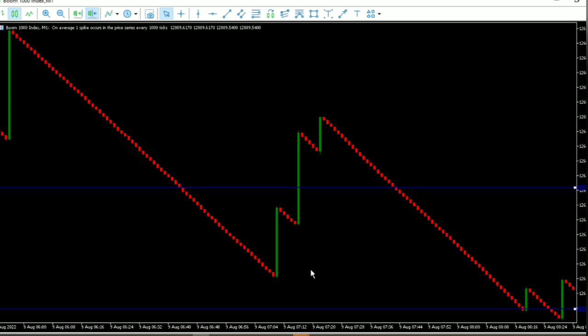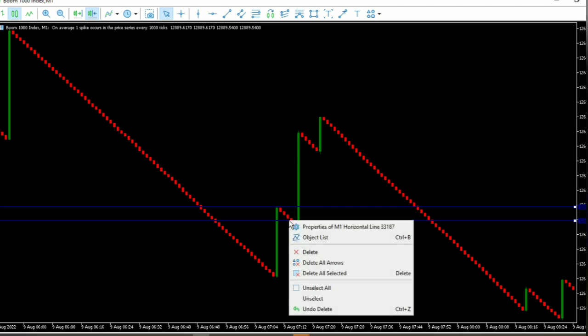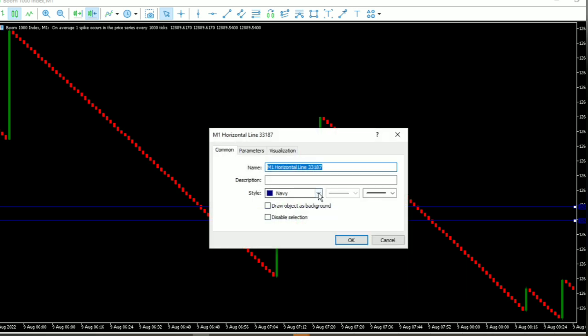But let's say you started scalping right there. So let's say this is your sell order, and let's put this as your stop loss. Let me color this red.